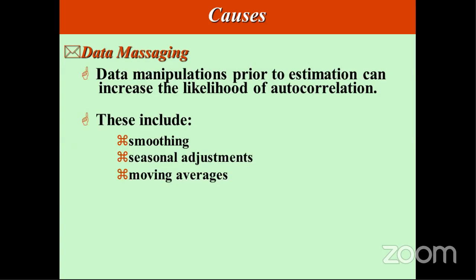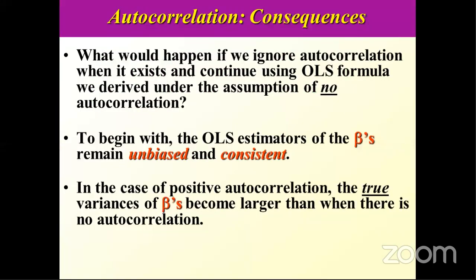So if you have used smoothing techniques, seasonal adjustment, or smoothing by moving averages, then certainly you have a problem of autocorrelation. So they are related to the autocorrelation problem. In case of causes for the autocorrelation, we have four important causes.